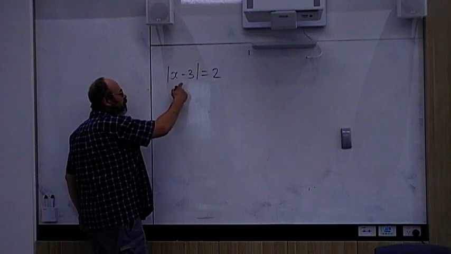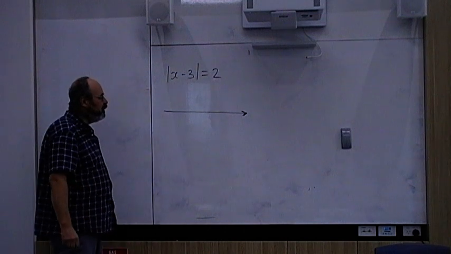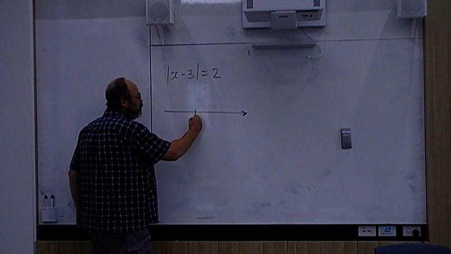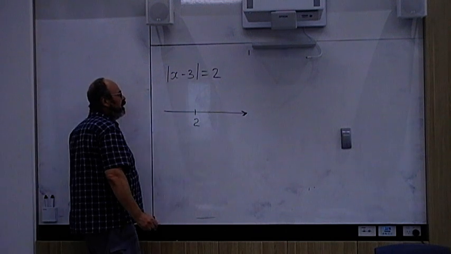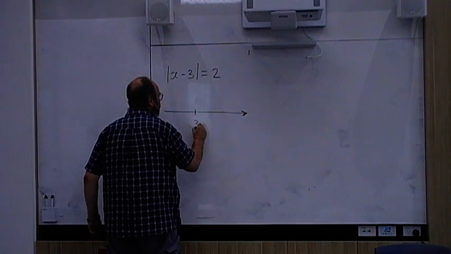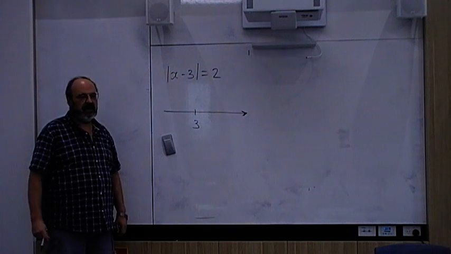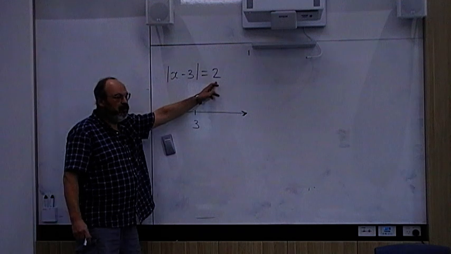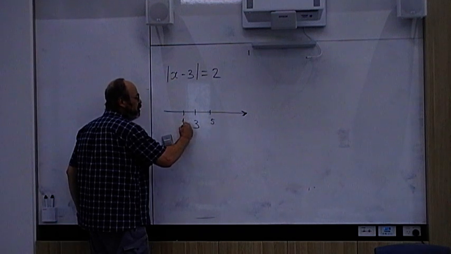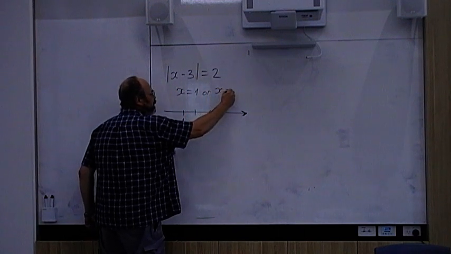So we draw a number line, and we have point 3, and we're looking for points which are at what distance from 3? 2 from 3. So which points? That will be 5 and 1. So solutions will be x equals 1 or x equals 5.